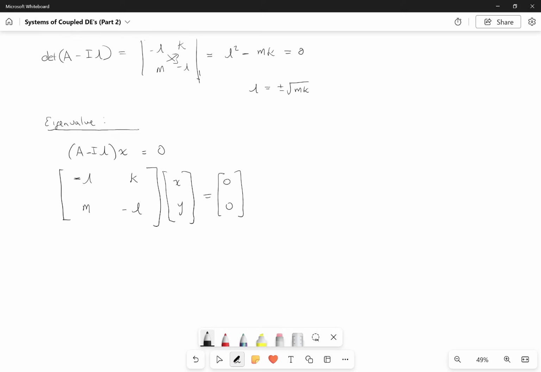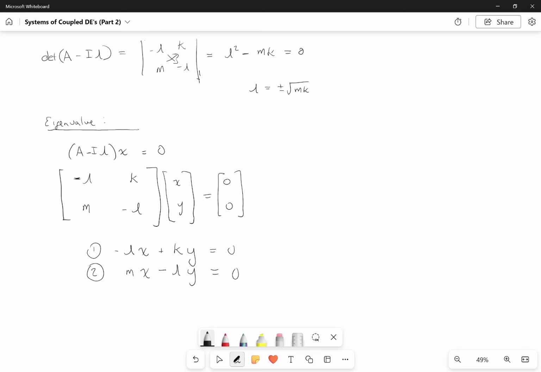Equation 1 is negative lambda times x plus k times y is equal to 0. Okay, that's one equation. And then equation number 2 is m times x minus lambda times y is equal to 0.